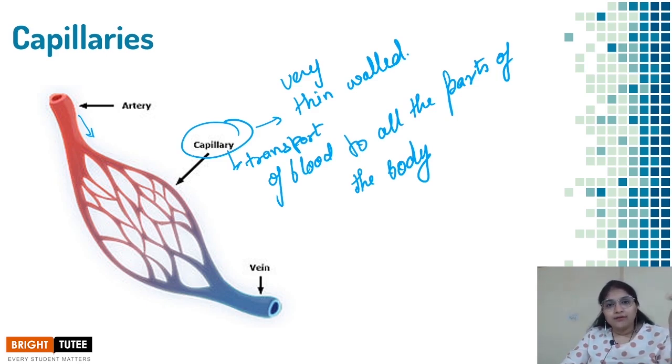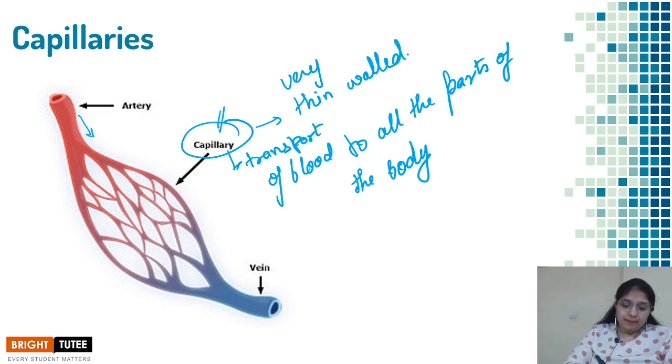which are being cut. Whenever there is even a superficial cut on your hand or on your leg, you will see a few drops of blood released from the wound, and that is because the capillaries are burst open, right?